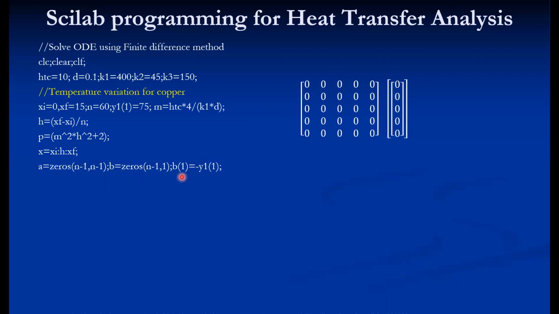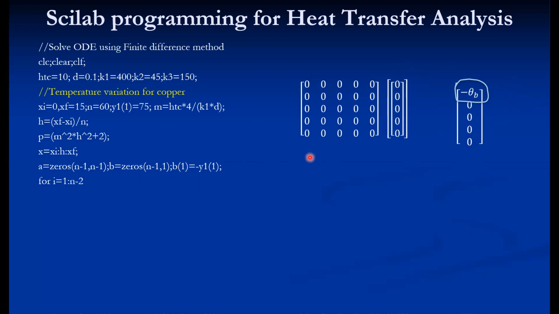And if we put B1 is equal to minus y1, that is theta B, we can say. So this is the value addition. The result of this command is that it adds this particular value here. So this is the B matrix, and for the A matrix we have various coefficients here.